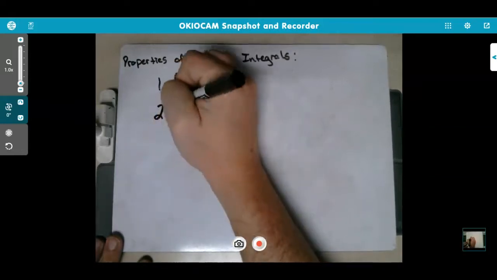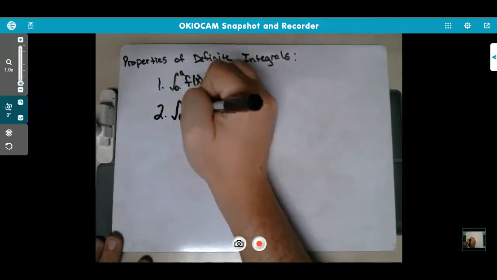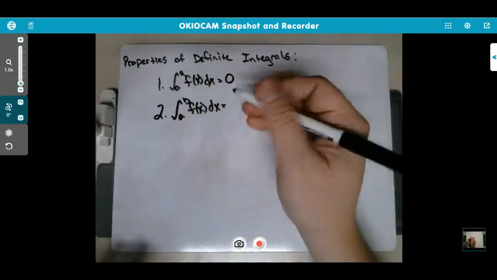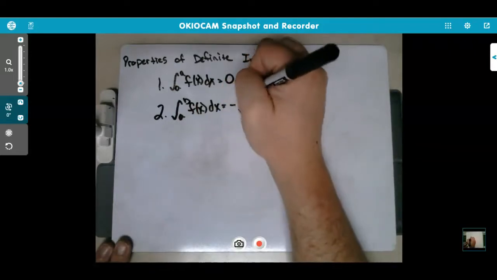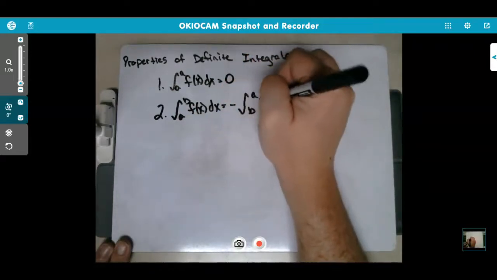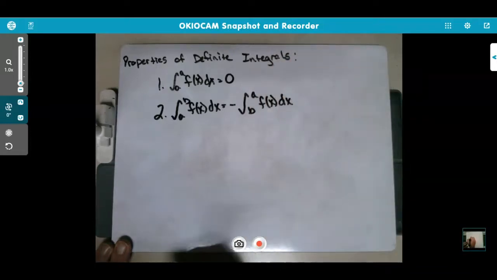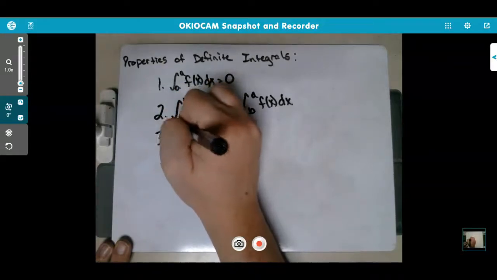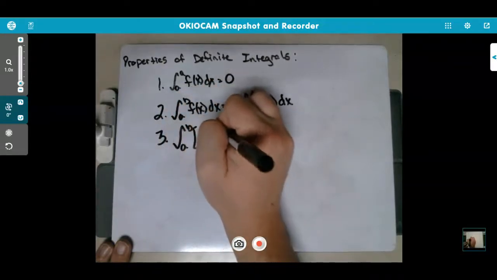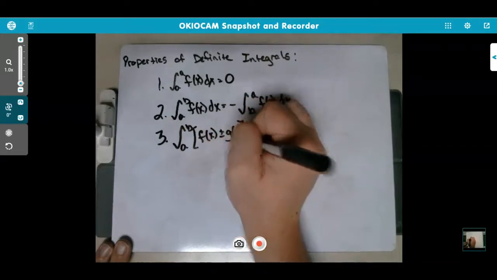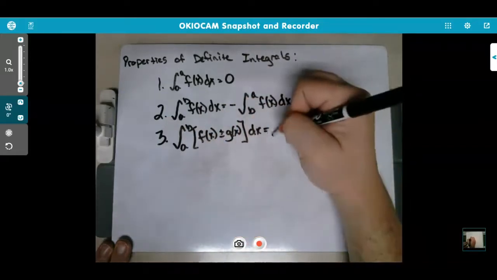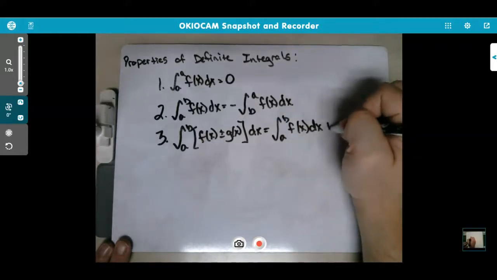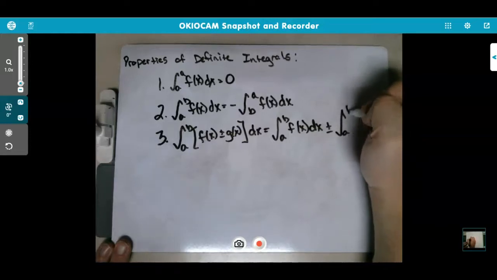If I'm going from a to b of f of x dx, and if I wanted to flip them, I would change my sign. So negative integral from b to a of f of x dx. Another thing is if I am adding or subtracting, so like f of x plus or minus g of x dx, I can split this into two different terms and go from a to b of f of x, and then from a to b of g of x.